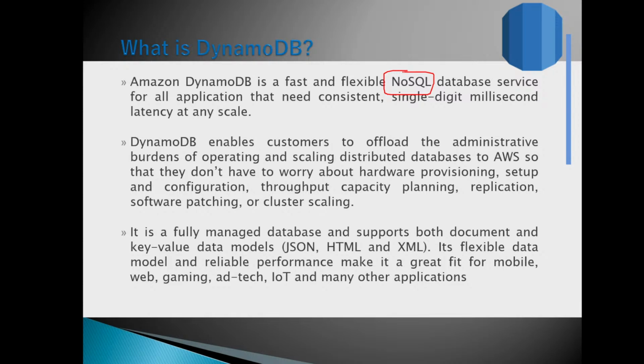It is a fully managed database and supports both document and key value models: JSON, HTML, XML. These are the file formats for non-structural data. It's flexible. हमने उस दिन JSON देखा था, key value pair.